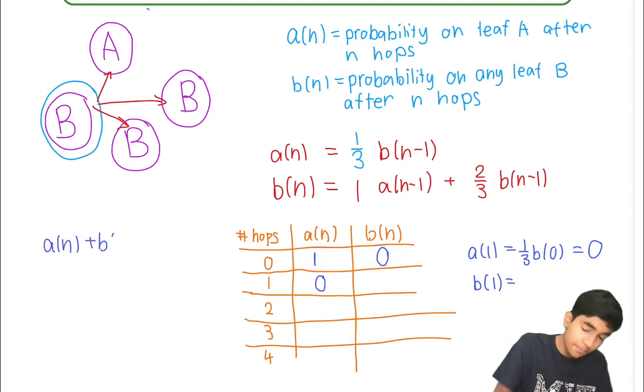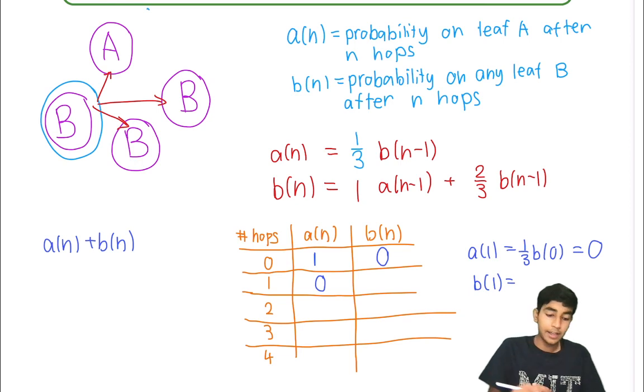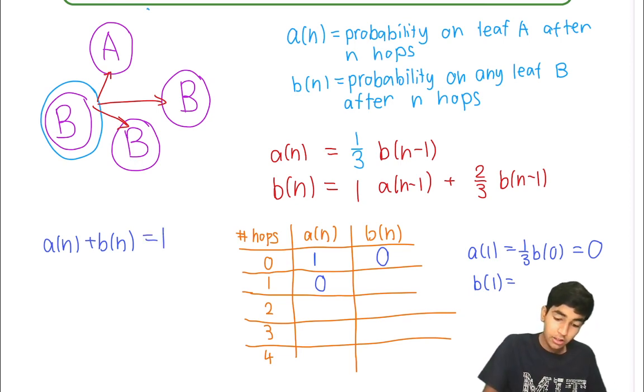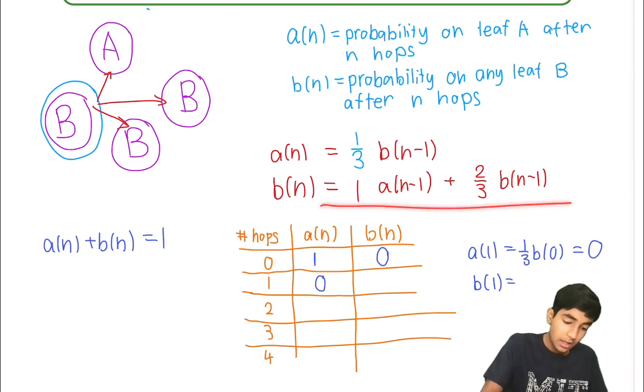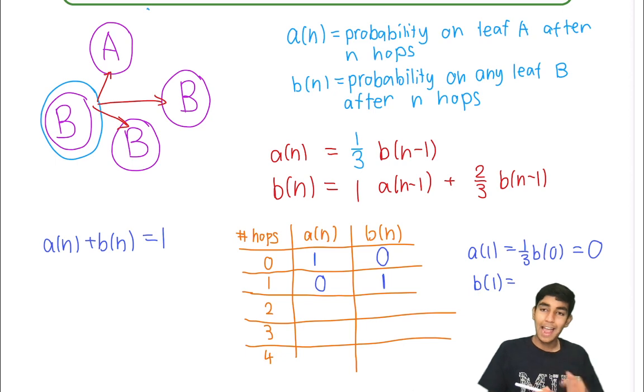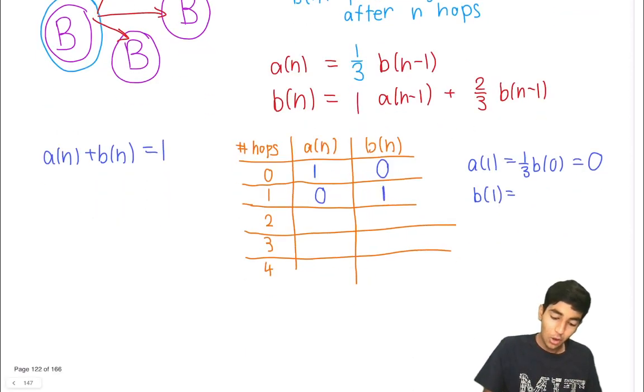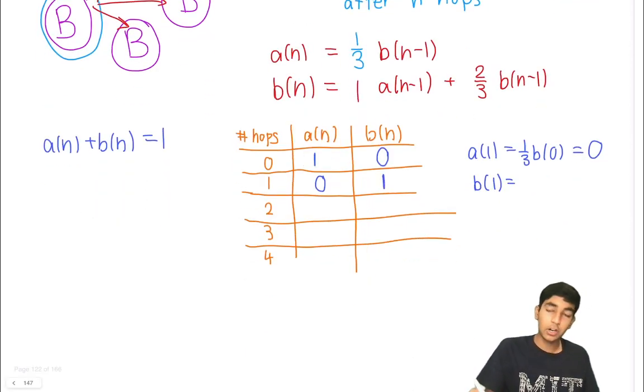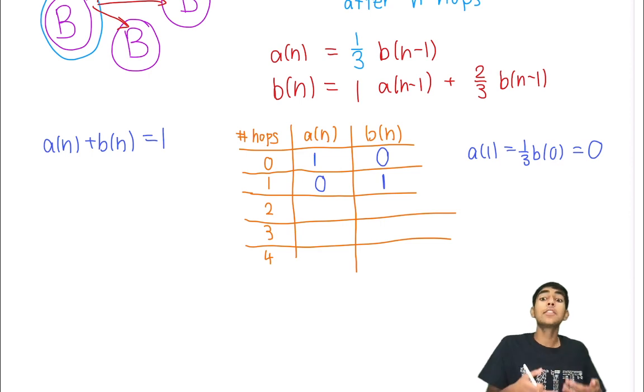The probability of being on any lily pad after n hops is 1. So instead of plugging it into this recursion, we can just do 1 minus A of n. And in this case, that's 1. And that's a really nice trick. So we don't even have to do any complicated recursion putting stuff. Although if you did do that, it would still give you the right answer, just a tad bit harder.